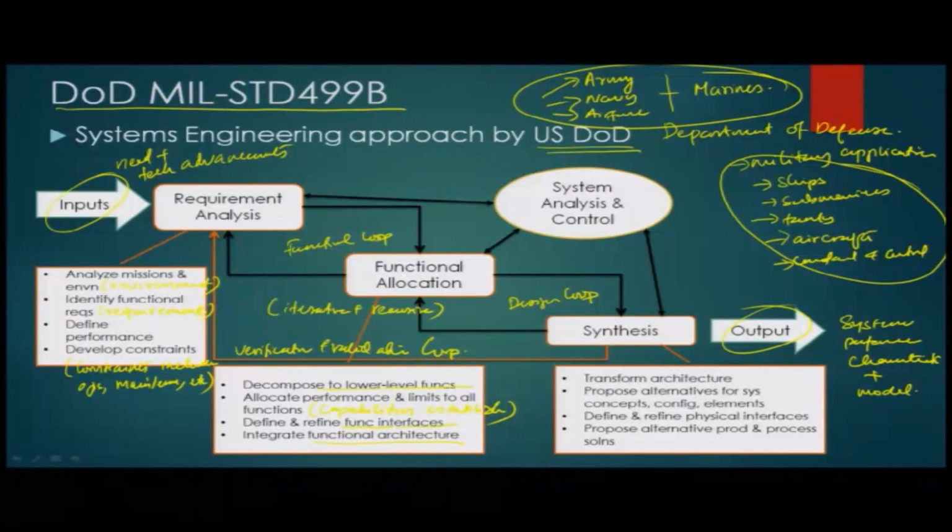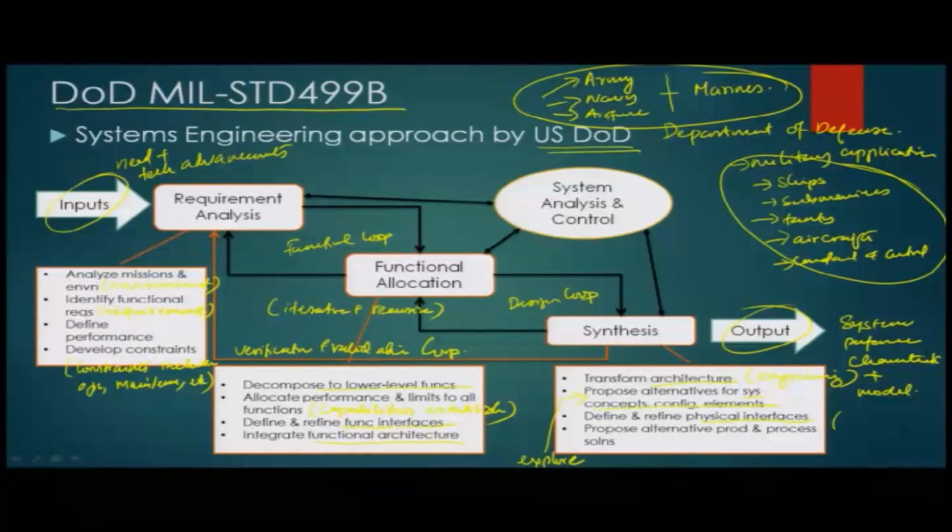And the last part is the synthesis, where you transform the architecture. This is where the engineering aspect comes into the picture. You are transforming the architecture into an engineering architecture, and you also do the alternatives for system concept, configuration and elements. So, here is the exploration part of it, and you define and refine physical interfaces, because many times a military system will have very complex subsystems.